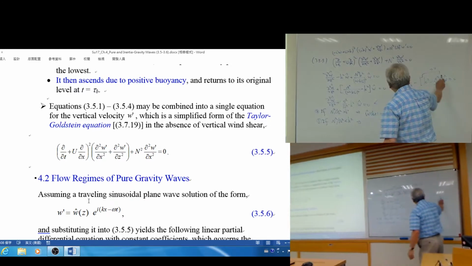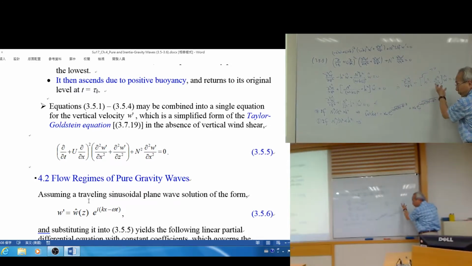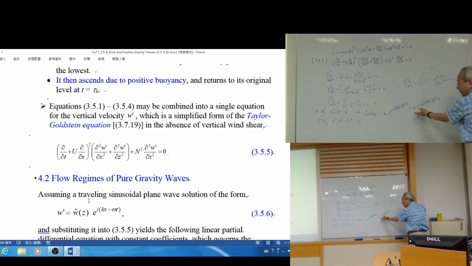So based on the differential equation solution, this is different from the previous one.